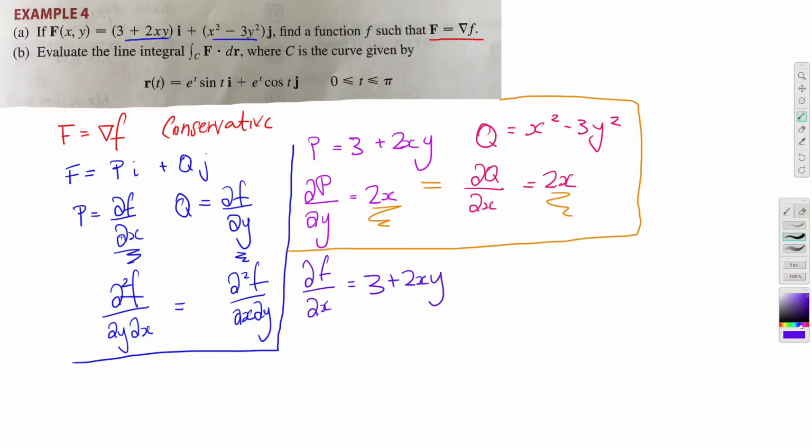That's what we've proven, see? P equals this. So if we now want to find what f is, what do we do? Because we've got the derivative of f with respect to x. So how do we turn this into just f? Well, we integrate it.